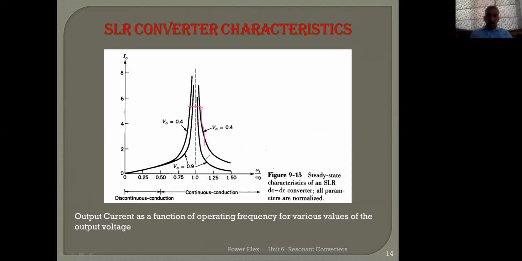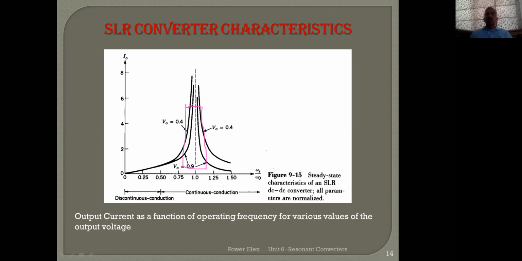This is the desirable range of circuit operation. Okay. So your selections play a major important role in this.